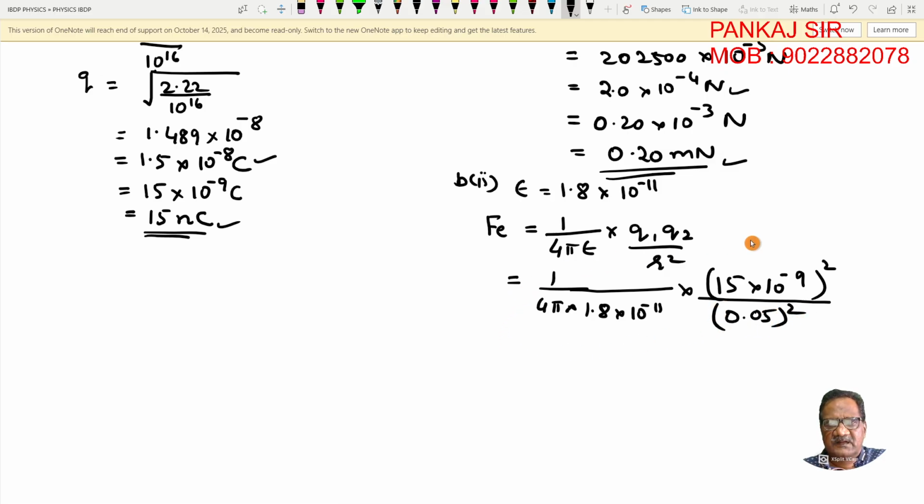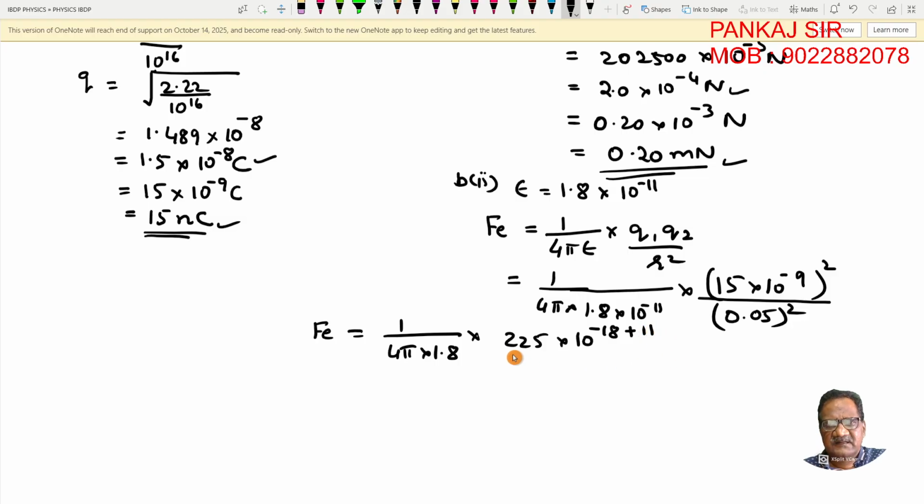Okay, now let us do this calculation. So my Fe will be equal to, in this case, 1 upon 4 pi into 1.8. Now this 10 raised to minus 11 I am going to take up. So this will be 15 square, so 225 into 10 raised to minus 18. This 10 raised to minus 11 will go up and it will become plus 11.